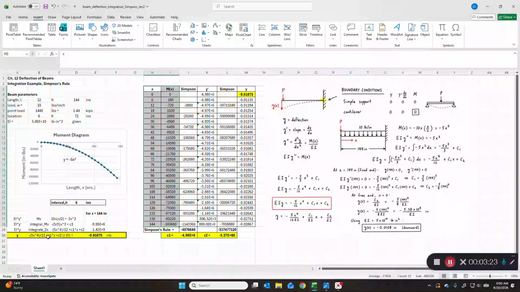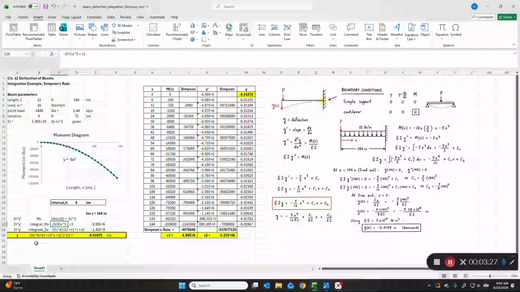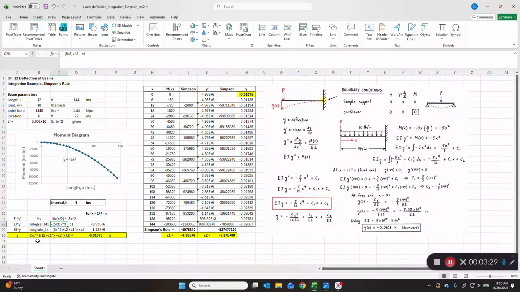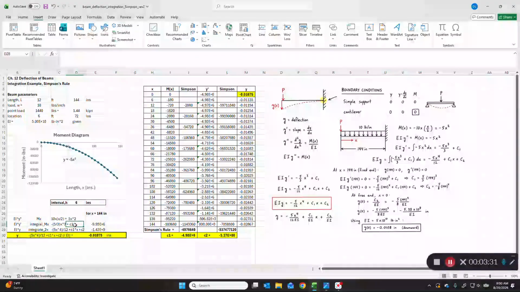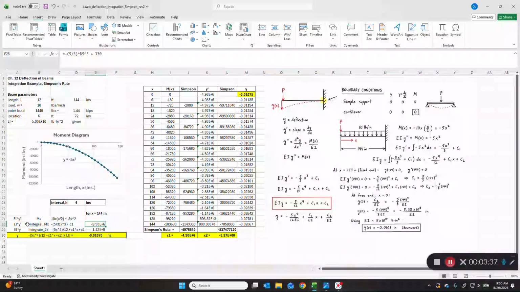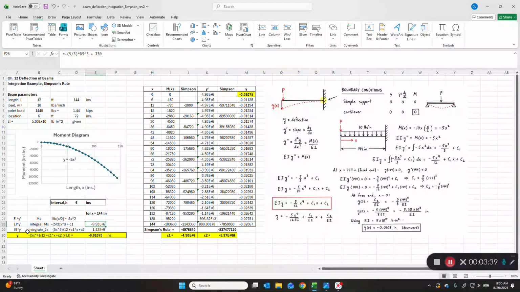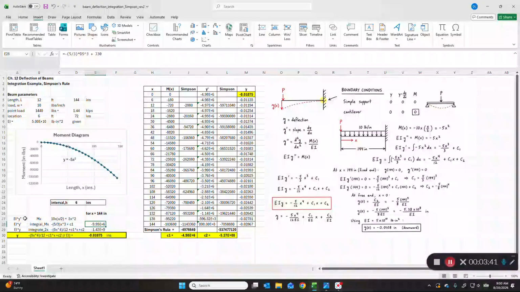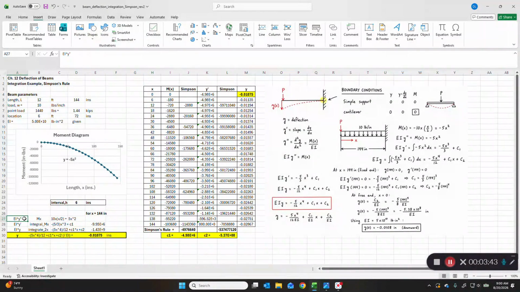All right, so then if we integrate that function, we get minus 5 thirds x to the third plus a constant. So we want to find C1. We want to find out what the solution to that constant is. And then if we integrate again, EIy, right? If we integrate y double prime, EI is constant, so we're integrating y double prime once to get the integral of the moment function.